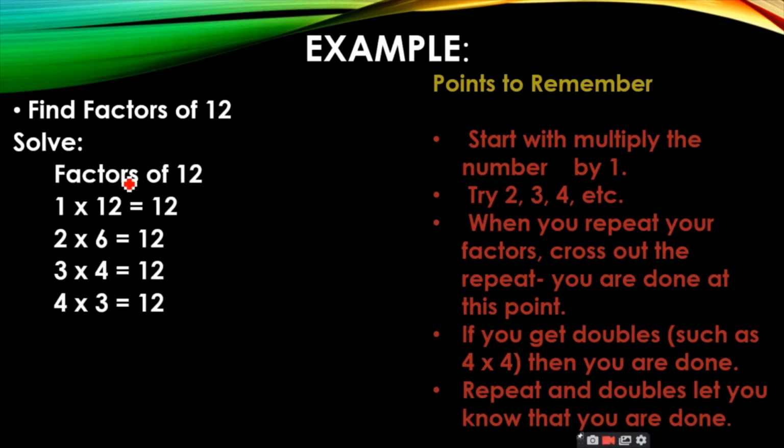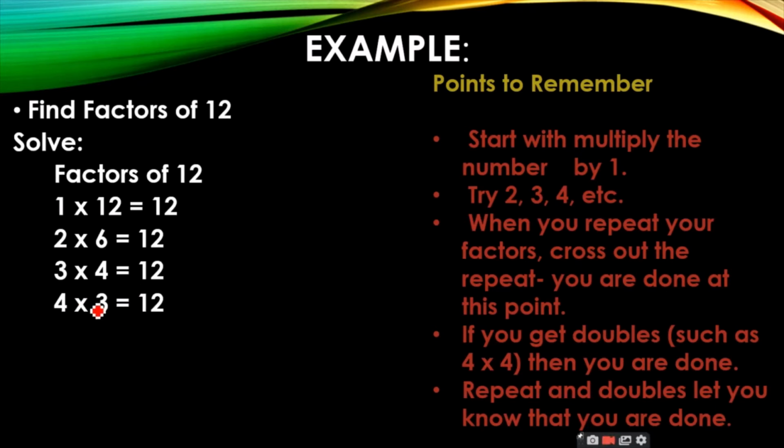Here we have some factors of 12. The first point is we have to start by multiplying the number by 1. So first I have multiplied 1 by 12 to get 12. Then 2 multiplied by 6 is equal to 12. 3 multiplied by 4 is equal to 12. 4 multiplied by 3 is equal to 12.